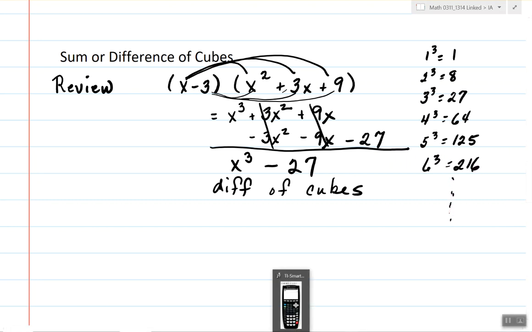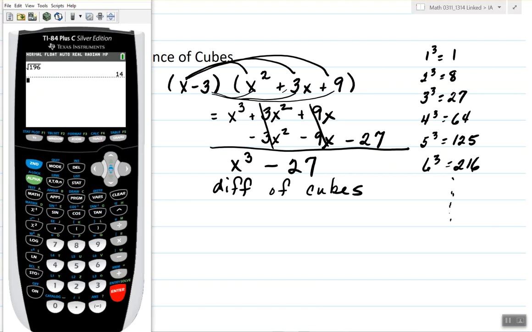You can check a number to see if it is a perfect cube. The number 1000. Suppose you wanted to know, is 1000 a perfect cube? And if it is, what is its cube root? You can do the math key. Choice number 4 is cube root.